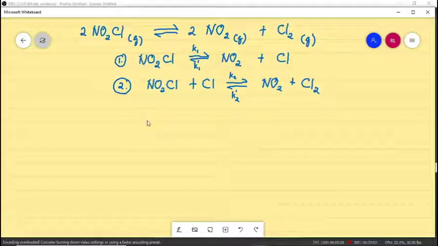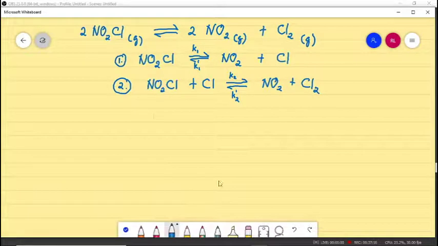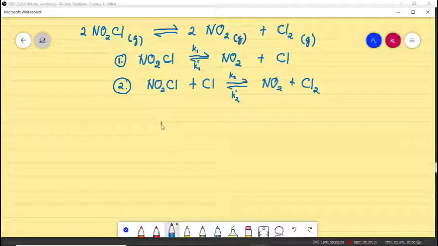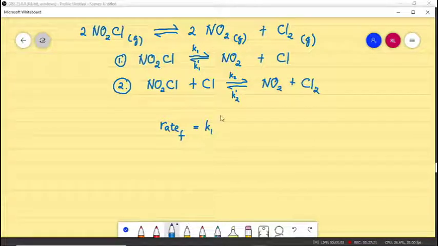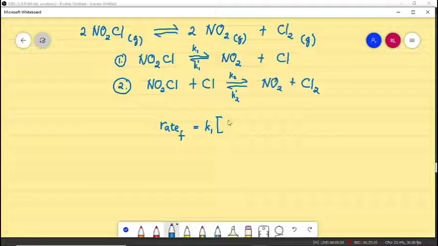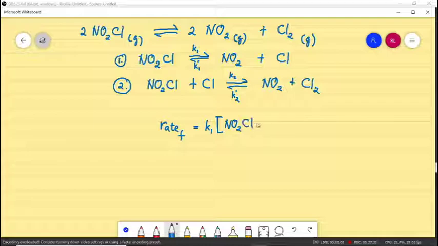So, remember module 2. The rate of forward reaction is equal to k sub 1 times the reactant NO2Cl.